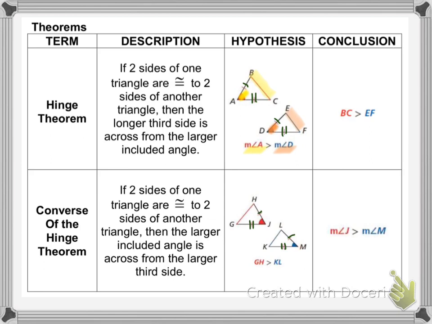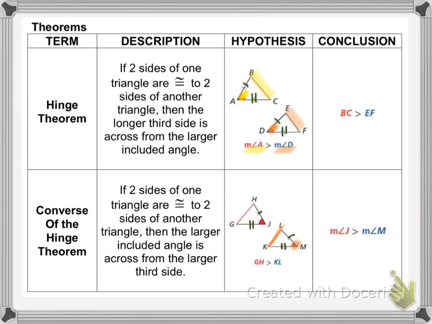So for example, since angle M is smaller than angle J, then that means the side across from angle M, side LK, is going to be smaller than the side across from angle J, which is HG, okay? Which basically means that HG or GH, whatever you want to call it, is going to be bigger than KL.